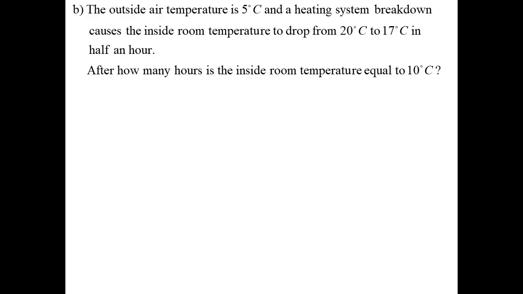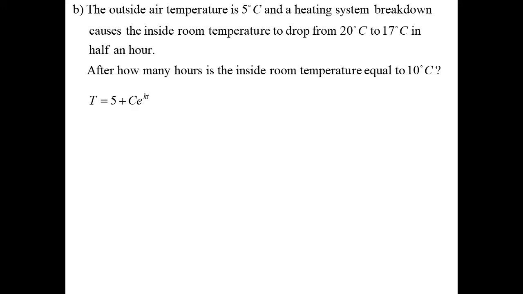So now let's put that into practice. The outside air temperature is 5 degrees Celsius, so early in the morning. The heating system has broken down, so the inside room temperature drops from 20 to 17 in half an hour. After how many hours will the temperature drop down to 10 degrees is the question. T equals 5 plus Ce^(kt).